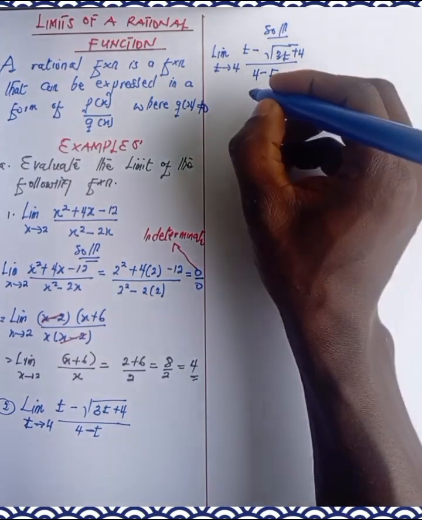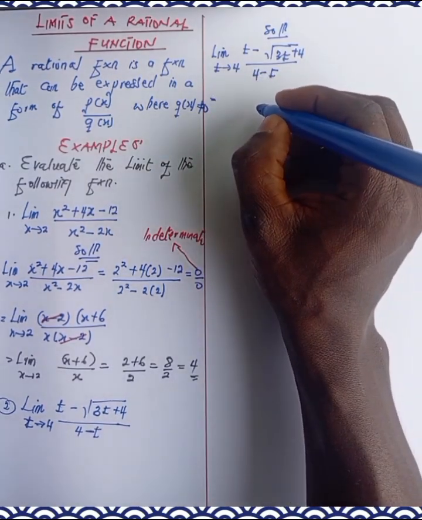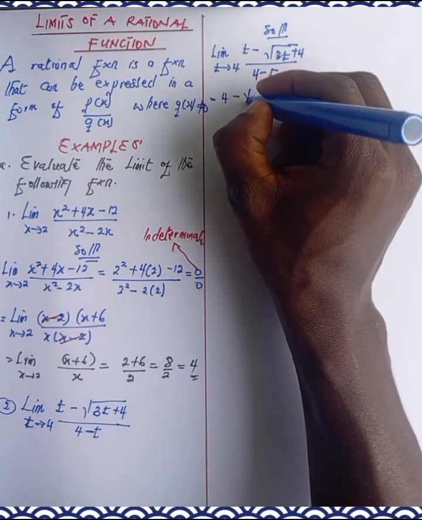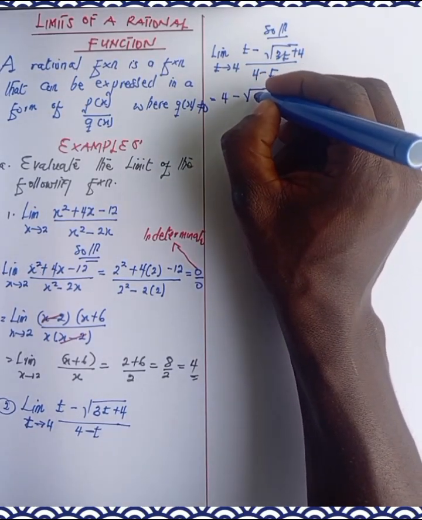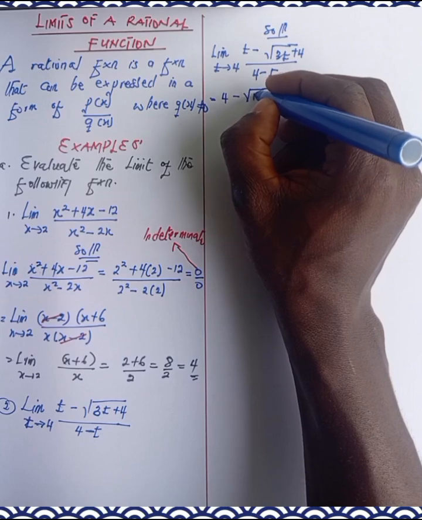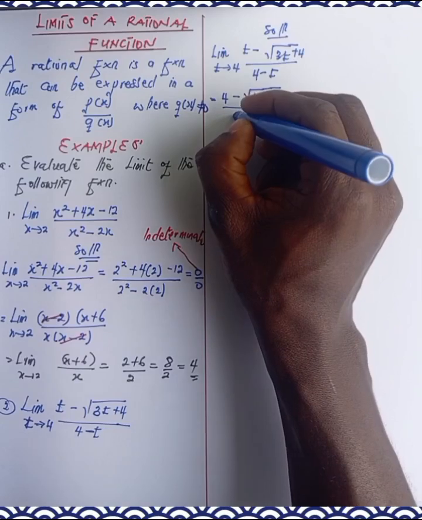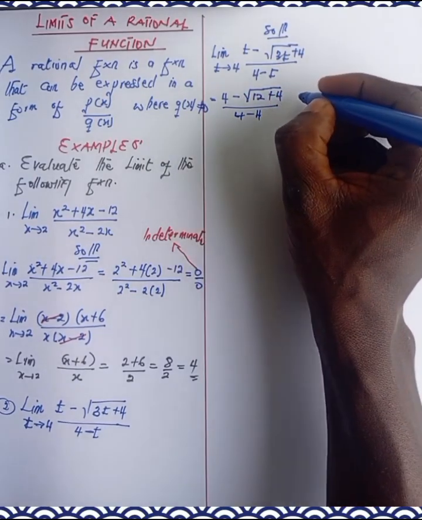So when you take the limit, you are going to get 4 minus root of 12 plus 4 all over 4 minus 4.